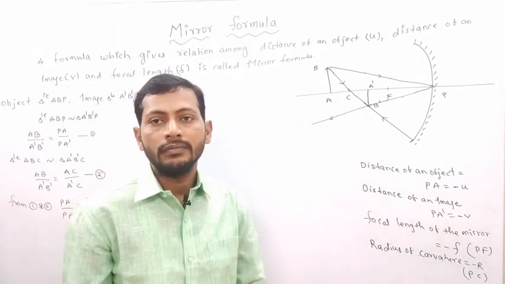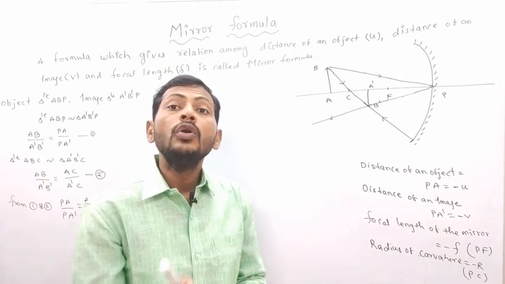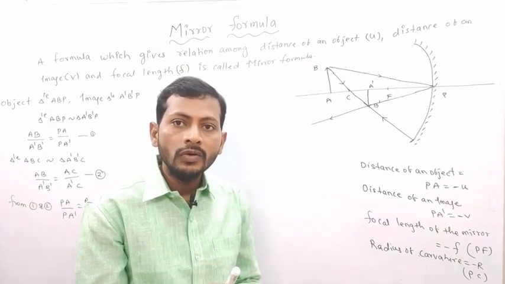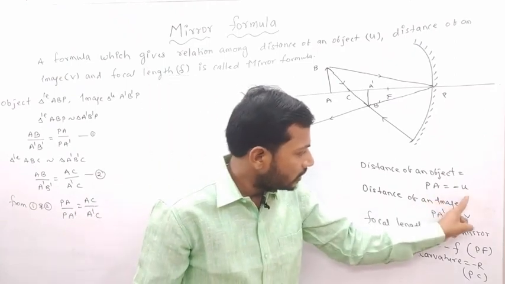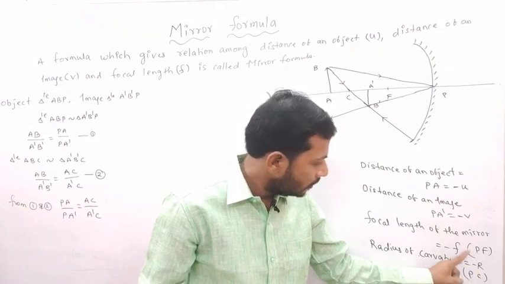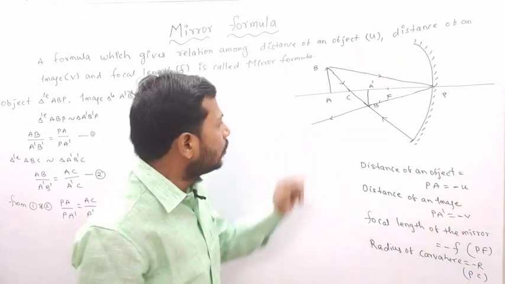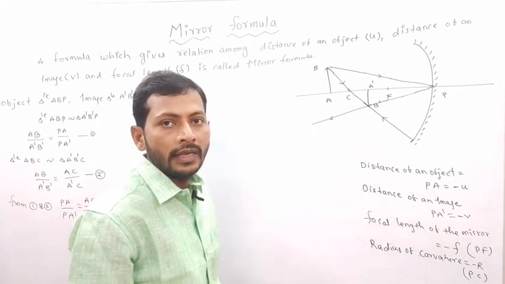AC is the unknown term. Try to convert that into known terms. The known terms for you are R, F, U, V.